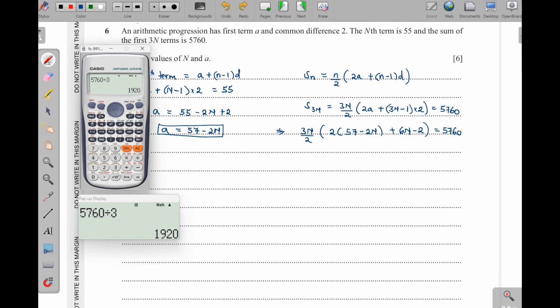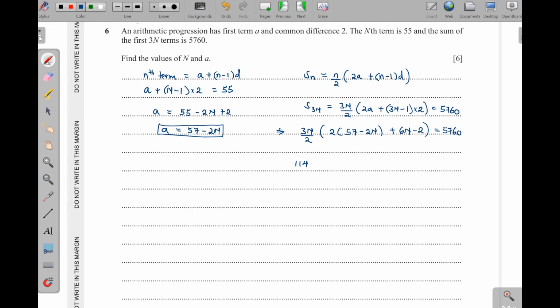Yes, it is. Now I'll say here, first let us multiply inside there. 2 times 57, that one will give us 114. So 114, then minus 4n, then plus 6n minus 2, then this one will be equal to 5760 times the 2, then out of 3.